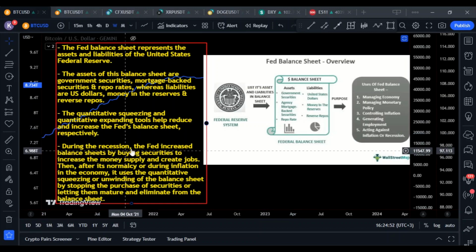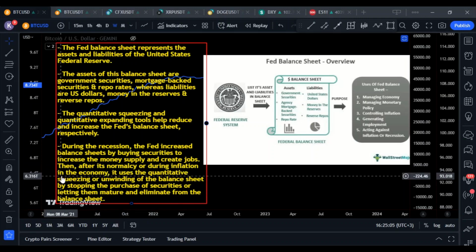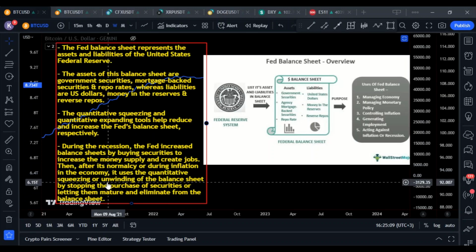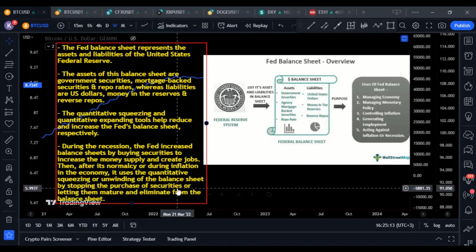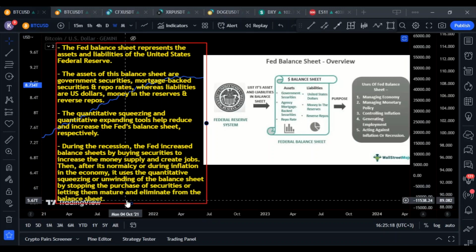During the recession, the Fed increased the balance sheet by buying securities to increase the money supply and create jobs. Then, after its normalcy or during inflation in the economy, it uses quantitative squeezing or unwinding of the balance sheet by stopping the purchase of securities or letting them mature and be eliminated from the balance sheet.